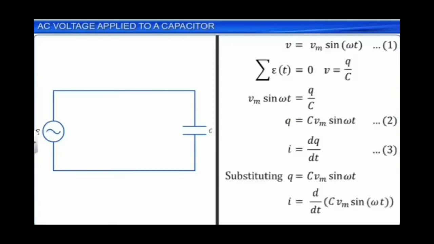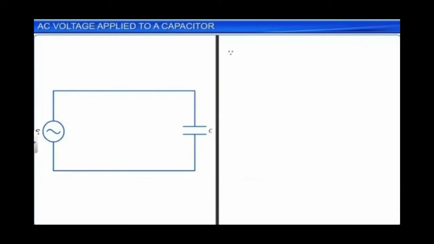Now we know d/dt of sin ωt is equal to cos ωt into ω, that is ω cos ωt. Therefore, substituting, I = ω Vm C cos ωt. That is the expression for current.